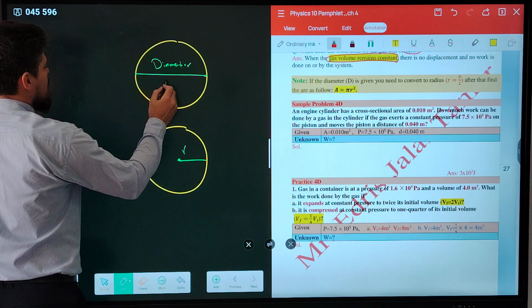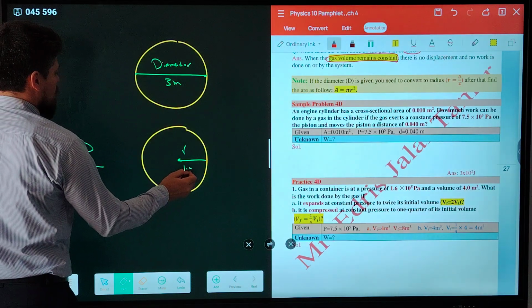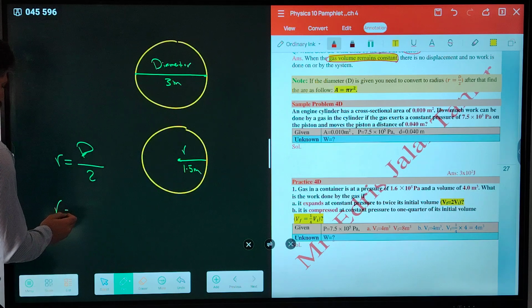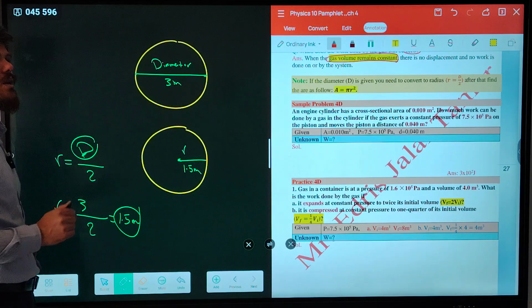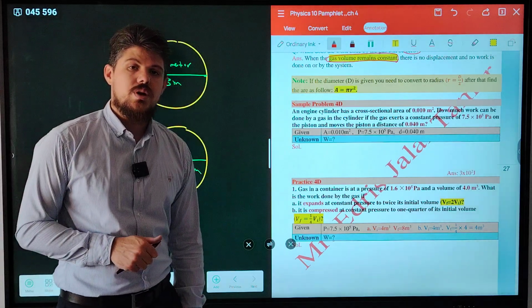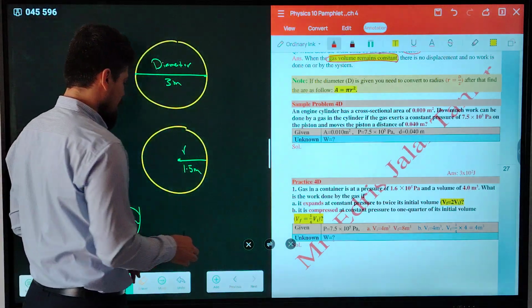For example, if the diameter is 3 meters, the radius is 3 divided by 2, which is 1.5 meters. Whenever the diameter is given in a question, to determine the radius you have to divide the diameter by 2.